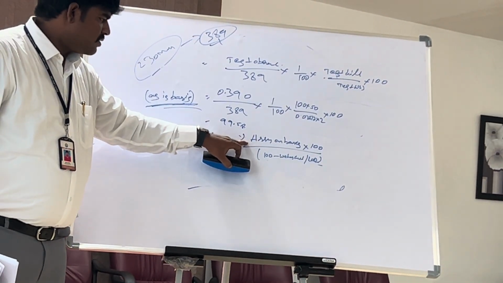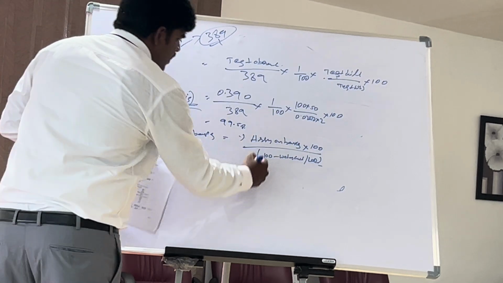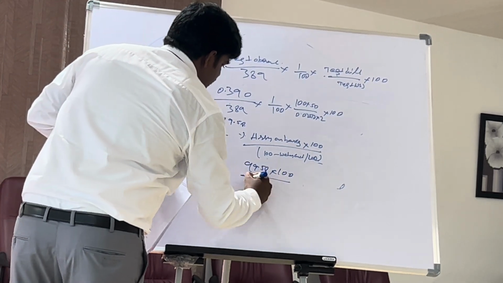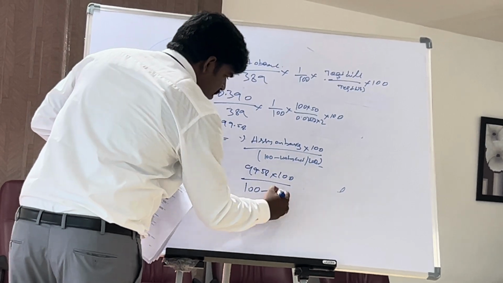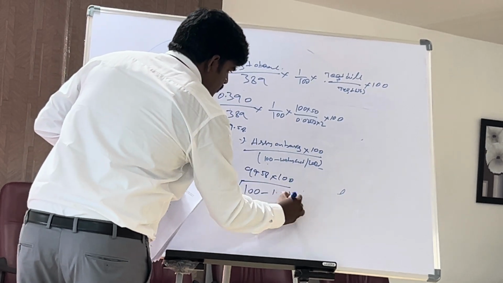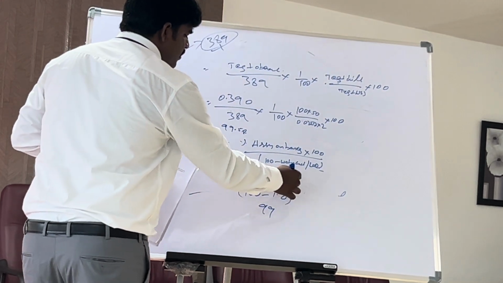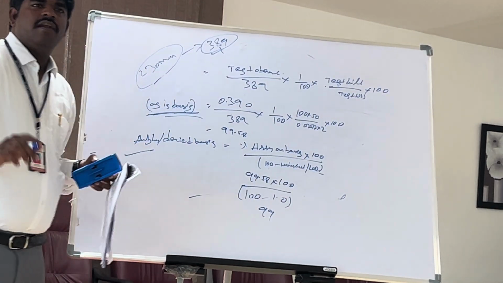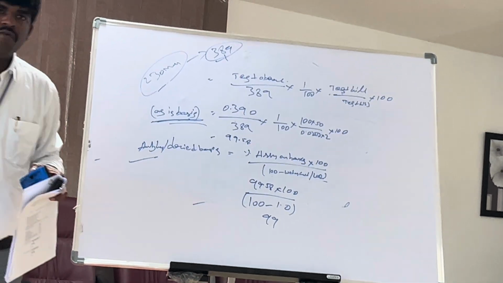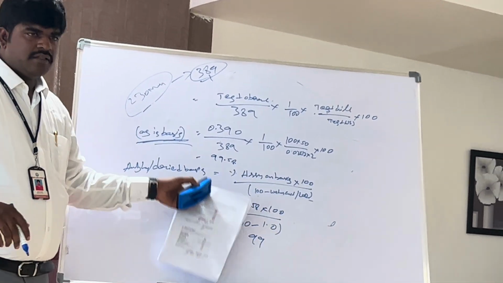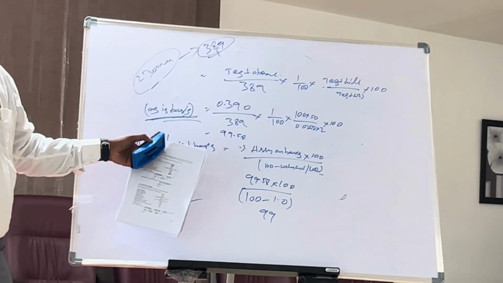Whatever the percentage of SA value you get, for example here I get 99.58, multiply with 100 divided by 100 minus my water content, which is 1.0. So then my value should be 99. So 99.58 into multiply with 100 divided by 99, you will get the dried basis. If LOD is 0.1, if you remove the 0.1 from this 100, then you will get the dried basis. Okay?